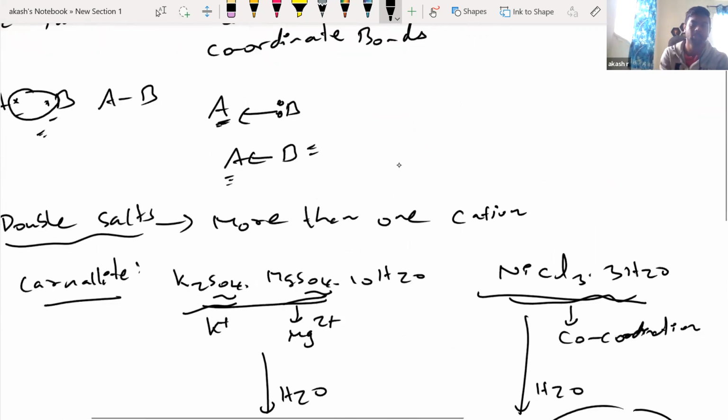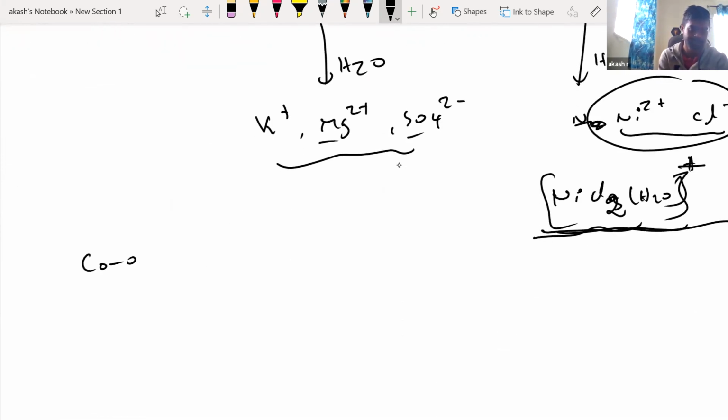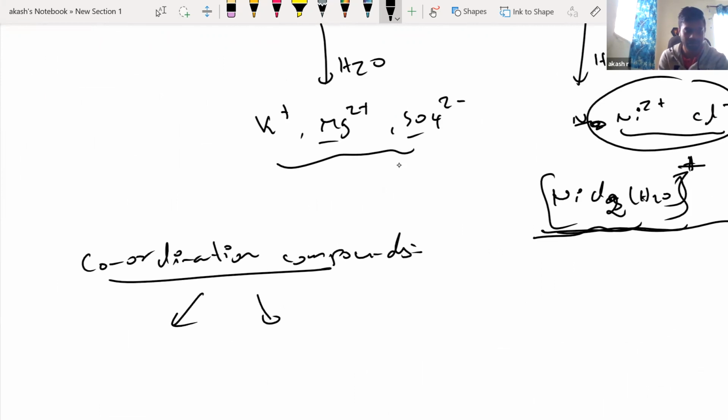A coordination compound consists of two parts: one is the coordination sphere, and the other is the counter ion part.